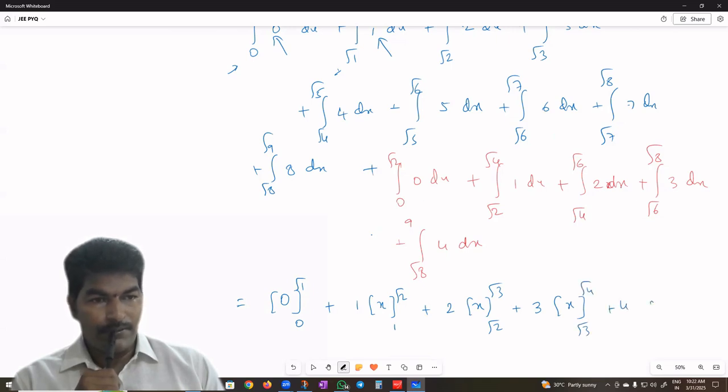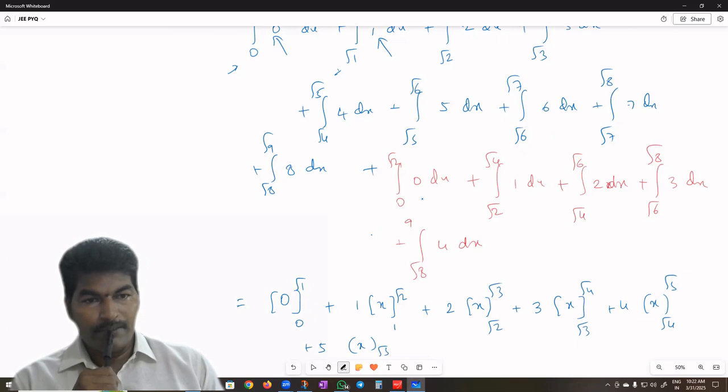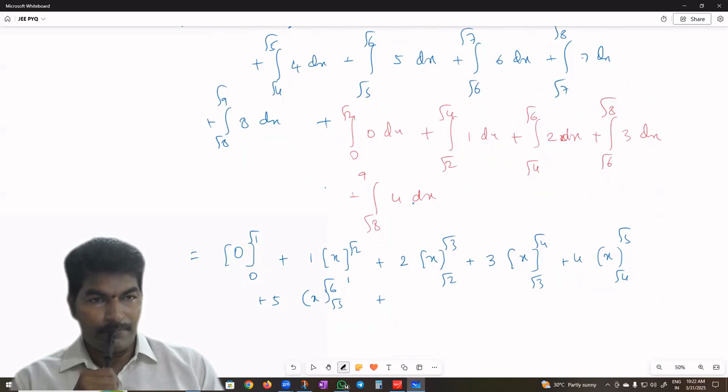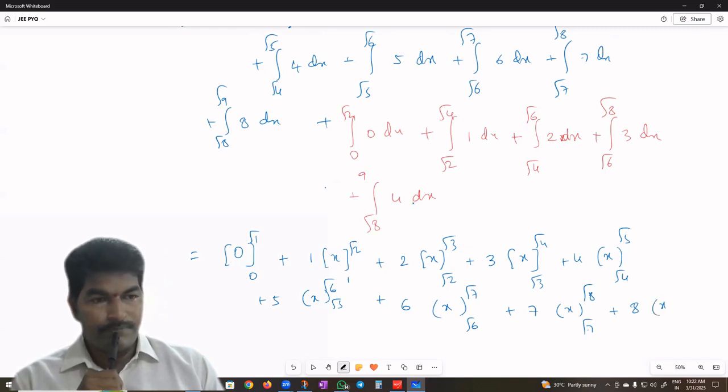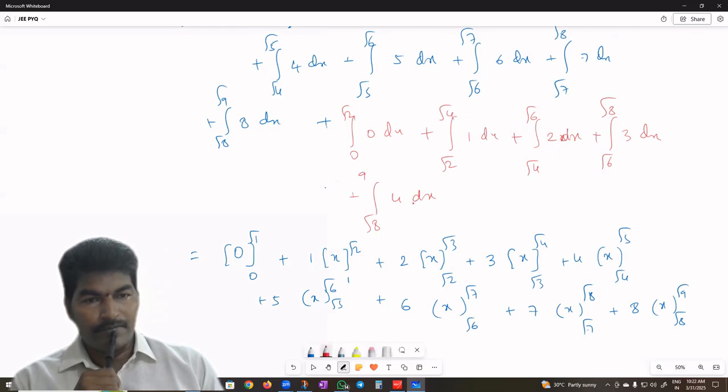And next 4 into integral x, lower limit √4 and upper limit √5. And 5 times x under limits √5 to √6. You can write directly also, but I am solving step by step. 6 times x, √6 to √7, and 7 x, √7 to √8, and the last value 8 times x, √8 to √9.